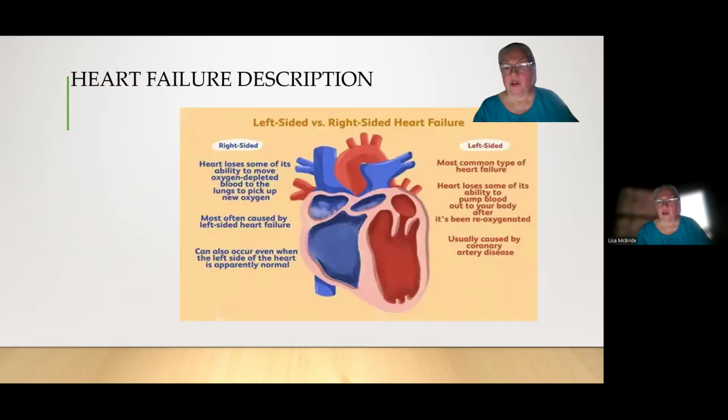Now, we may see an increase of antidiuretic hormone from the pituitary, which is trying to get the kidneys to kick in and pee much more so we can get more fluid out.